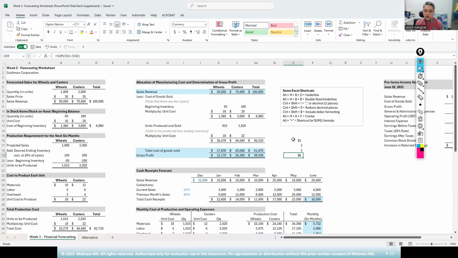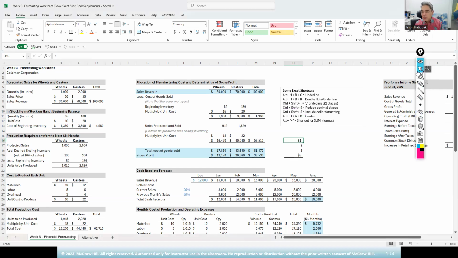Now you would tell me, sir, it's all crooked now, right? So remember how we did the USD formula, which is actually this one, Control Shift dollar sign. And then the Alt H9 is actually reducing of the decimal places, which I need to change.